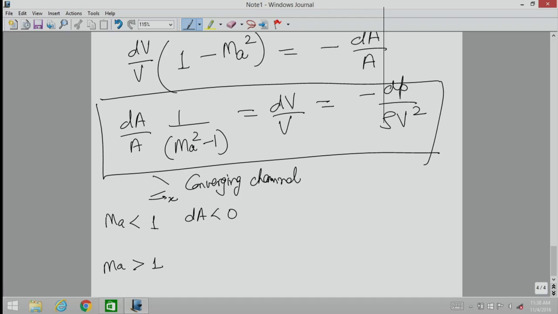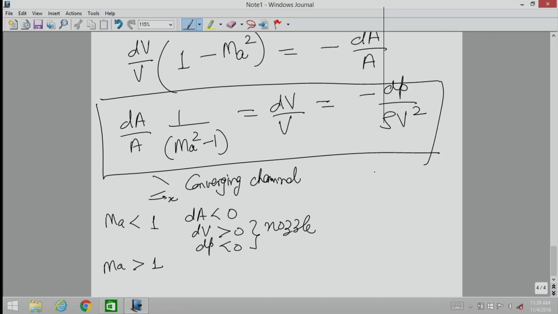Now if Mach number is less than 1, then Mach square minus 1 is negative. So dV by V is positive when dA is less than 0, and dP is negative. So what happens to the velocity as x increases? dV is positive, so it increases and pressure reduces. So this is what we call a nozzle.